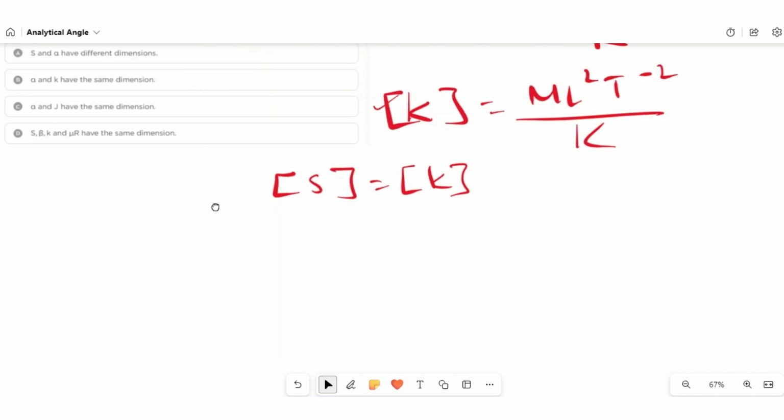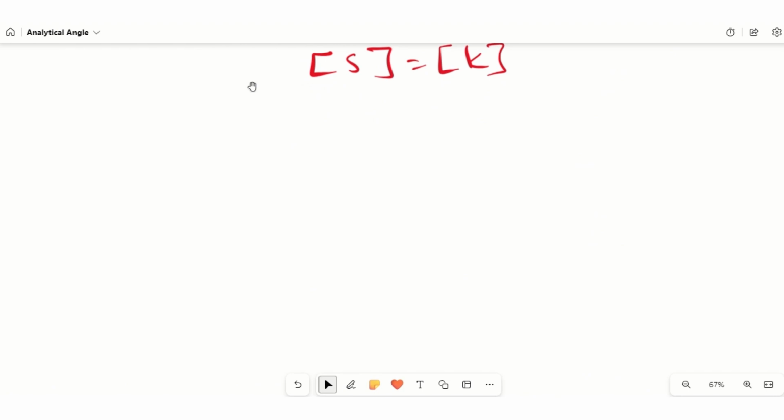Okay, so moving on. We now find the dimension of R. What was R? R is the gas constant.